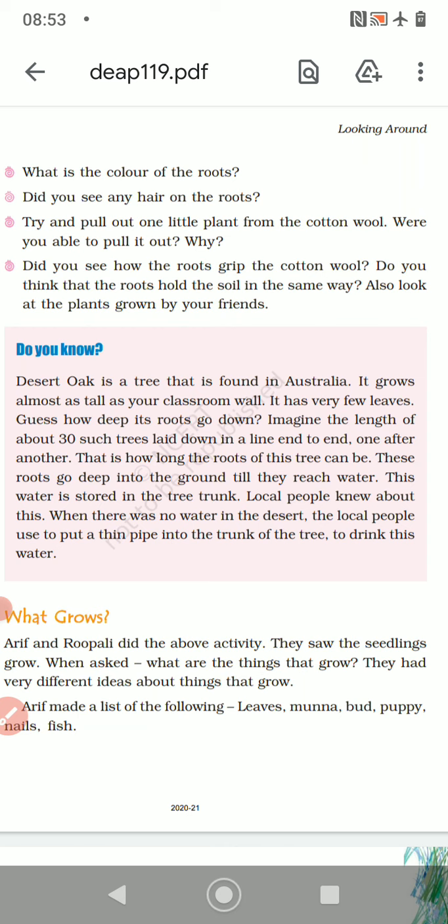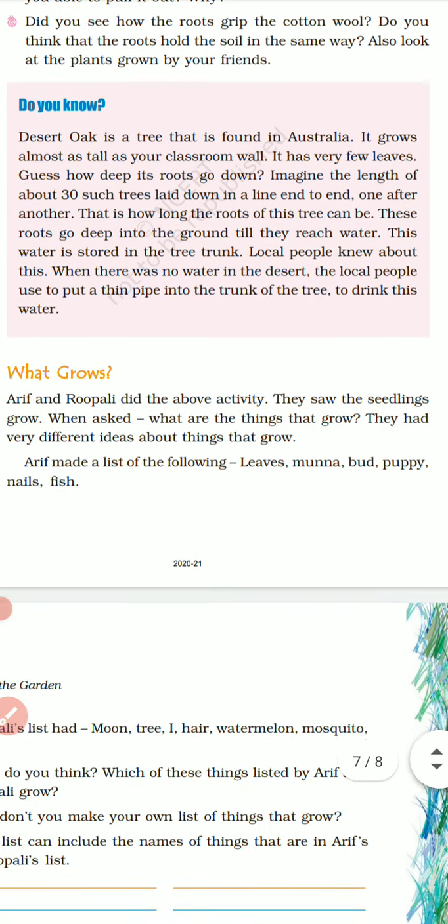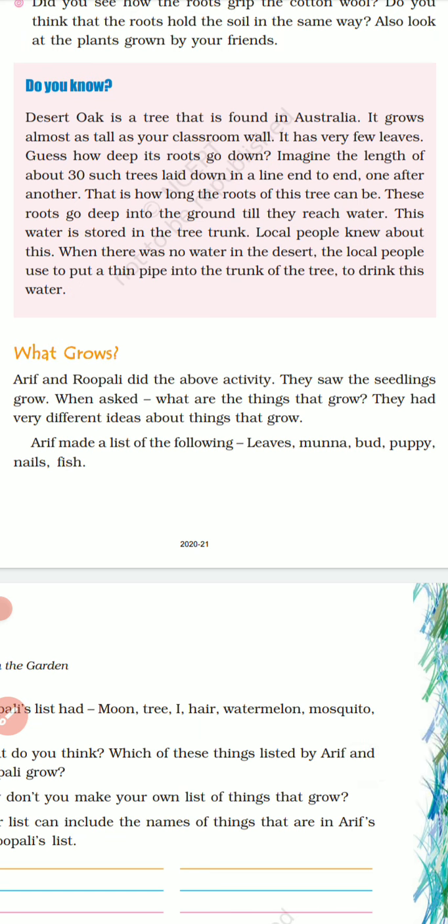Now this water is stored in the tree trunk. Local people knew about this. Then when there was no water in the desert, the local people used to put a thin pipe into the trunk of the tree and drink this water. Okay. So that's how this is very important, children. This paragraph you have to at least read 3 to 4 times.